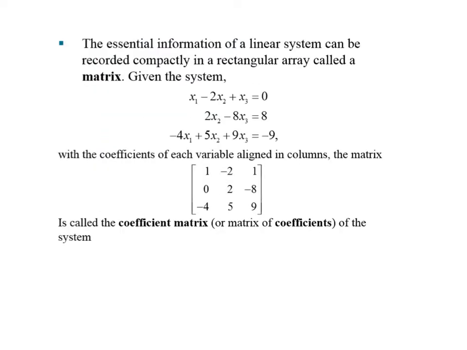Now, on this slide, we look at how we can encode a linear system into a rectangular array, which is called a matrix. And this notation is something that we will encounter for the next 15 weeks of this course. Okay, so the coefficient matrix for the system at the top is what we see in our matrix down below.